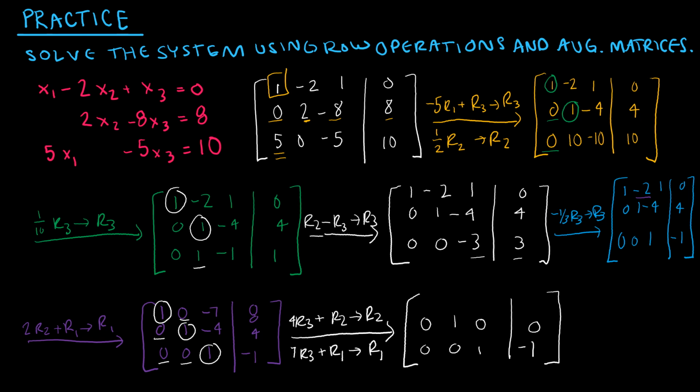So now that gives me 1, 0, 0, and then I've got negative 7 plus 8, which is 1. So my solution as an ordered pair is 1, 0, negative 1. And again, that is the correct solution. So if you got that, great job. If not, that's okay. We're going to keep working at it.